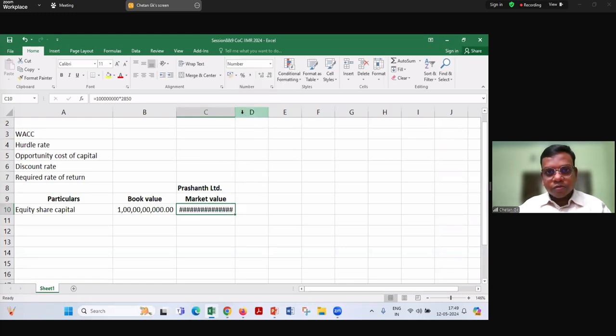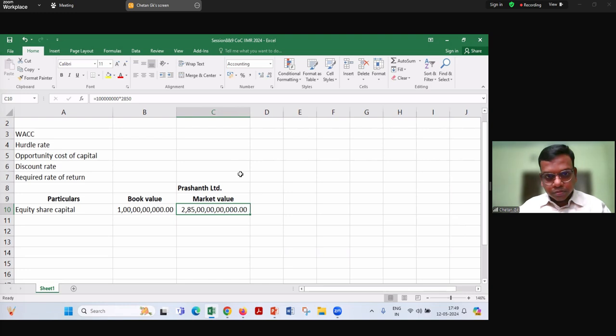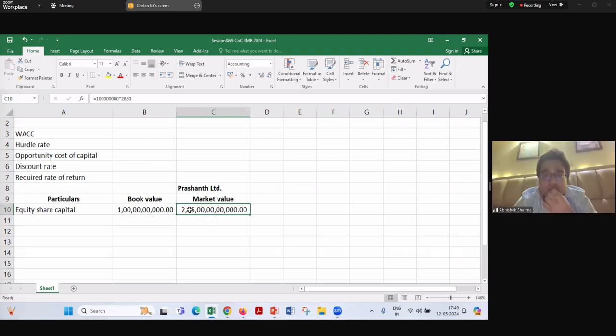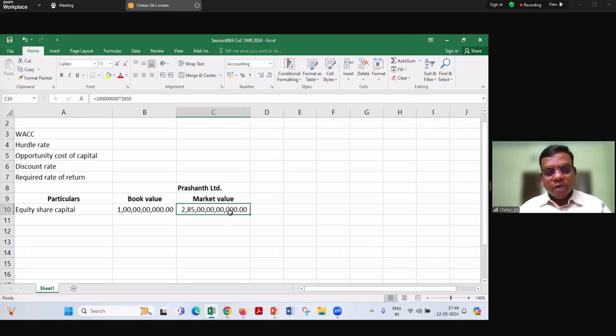Anybody can tell me now? What is the market value of this firm? 2,850 times 10 crore is 28,500 crores. Yes, so 28,500 crores is the total market value of the share.